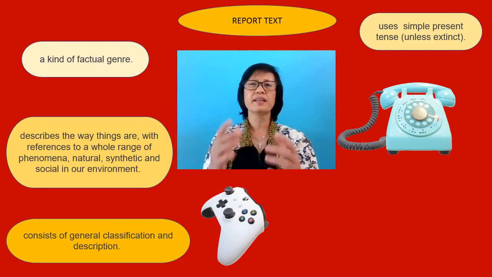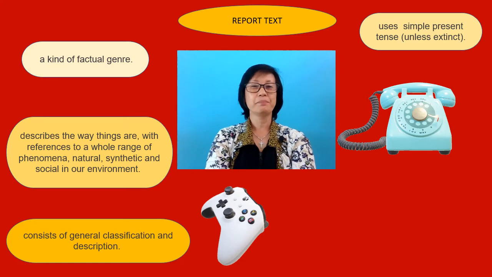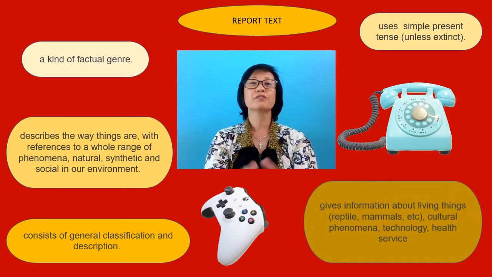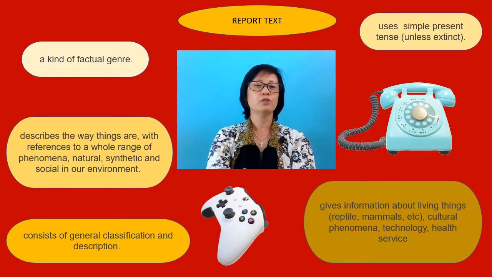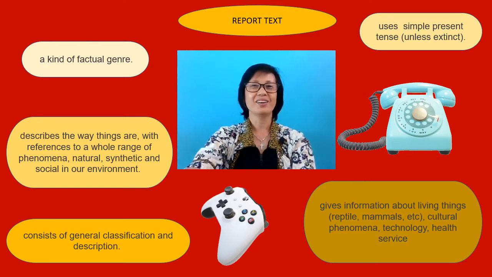Good. Something like reptile, mammals, or animals, right? Or also can talk about cultural phenomena, technology, health service. So that's all about report text that you should also know. Okay?